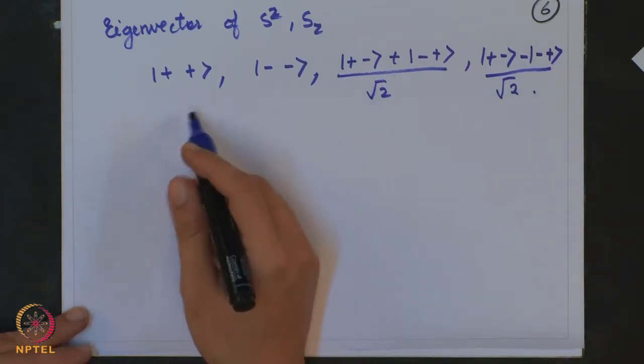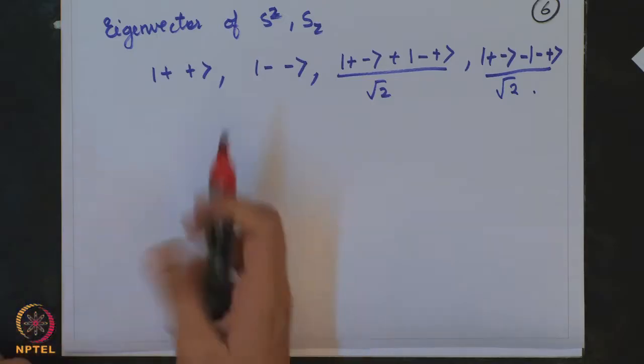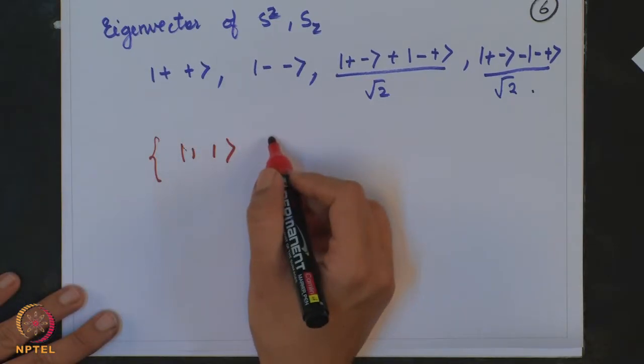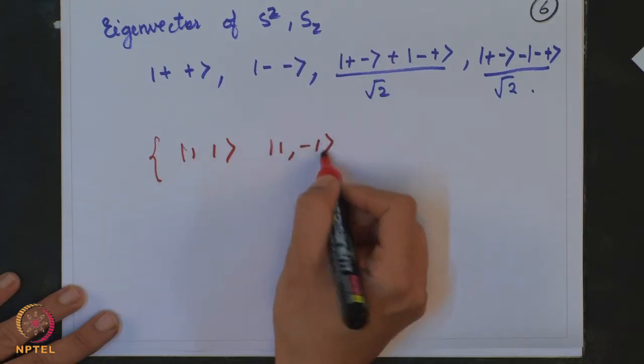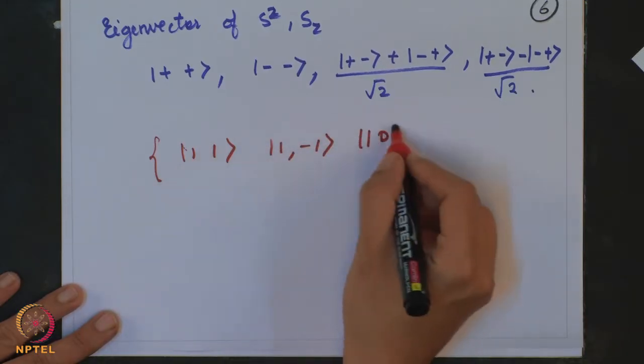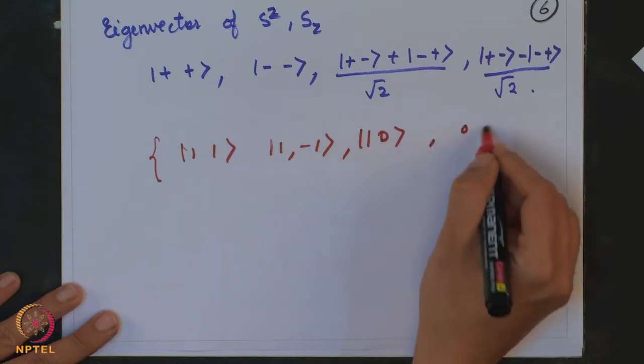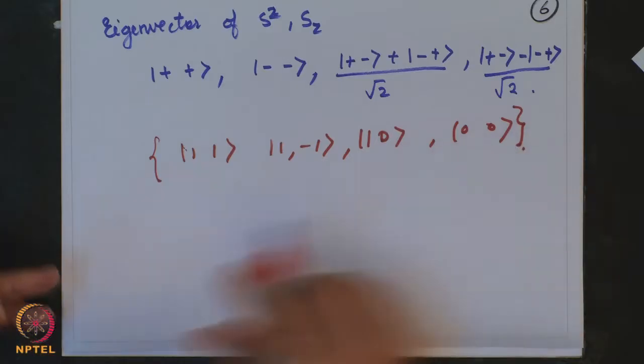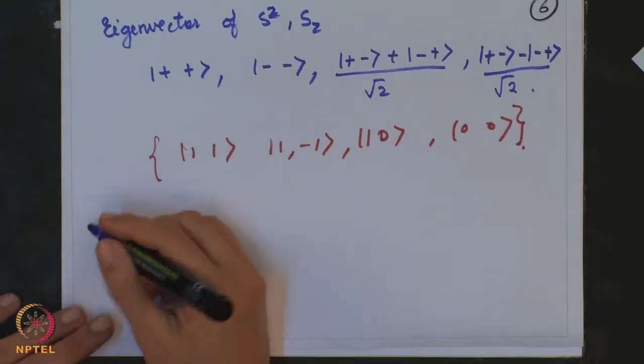So, you can actually write these in terms of up down state as 1 1, 1 minus 1, 1 0 and 0 0. Another way of writing this. And then we finally go to the B part.